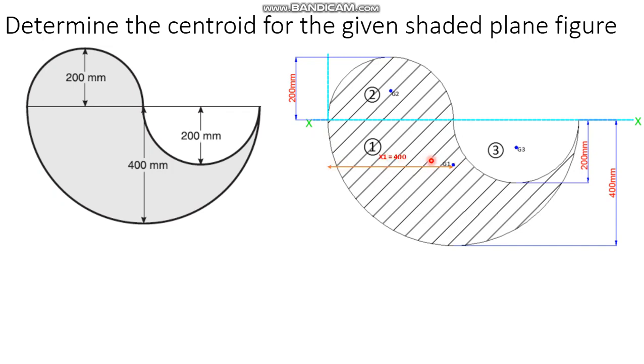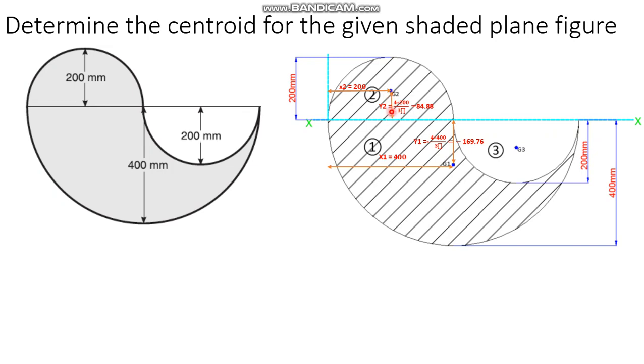So x1 is 400, and y1 is going down, therefore negative. So y1 will be minus 4r by 3 pi. Minus 4 into 400 by 3 pi, you'll get minus 169.76 mm. And this is x2, once again positive. This is the radius, 200 mm, and y2 is once again 4r by 3 pi, but this is upward, so positive, 4 into 200 by 3 pi.